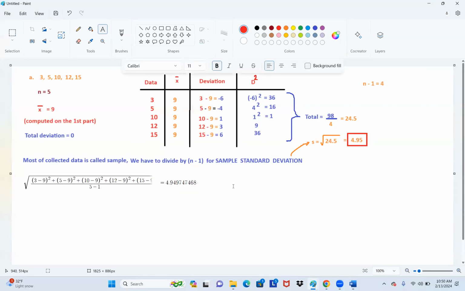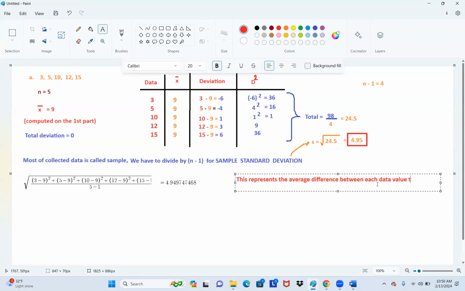So this basically tells us that this is the average difference between each data point and the average. So what is the average for that? It was 9, correct?